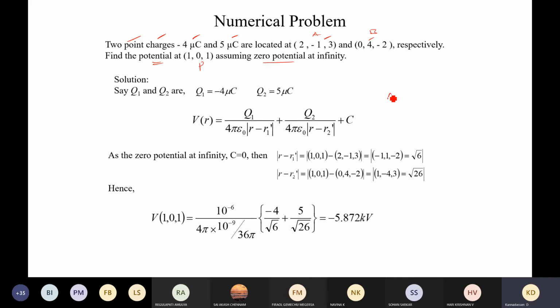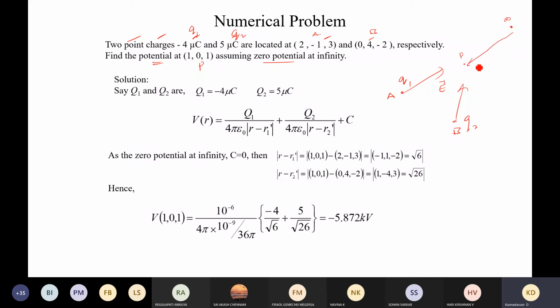So what is the meaning of that? We have point A, point B. Here we have Q1, Q2. These are nothing but Q1 and Q2, and they are going to exert the electric field at this particular point, vectorially adding to each other.